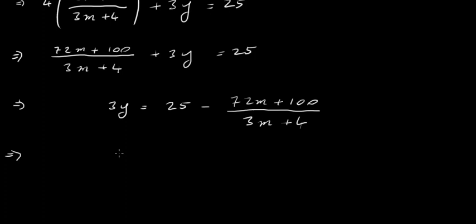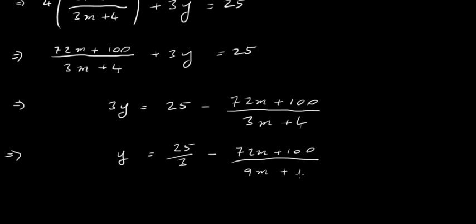Dividing this by 3, I'll end up with y. Divide 25 by 3, it's 25 over 3. Dividing this fraction by 3 is the same as multiplying by a third. So I'm going to end up multiplying the denominator by 3, and the numerator will remain the same. The denominator multiplied by 3 will give me 9m plus 12.